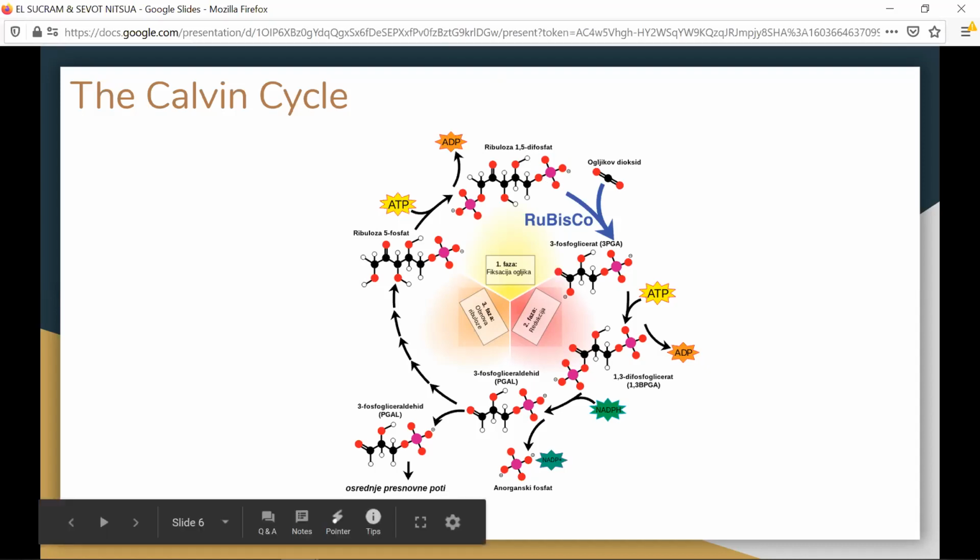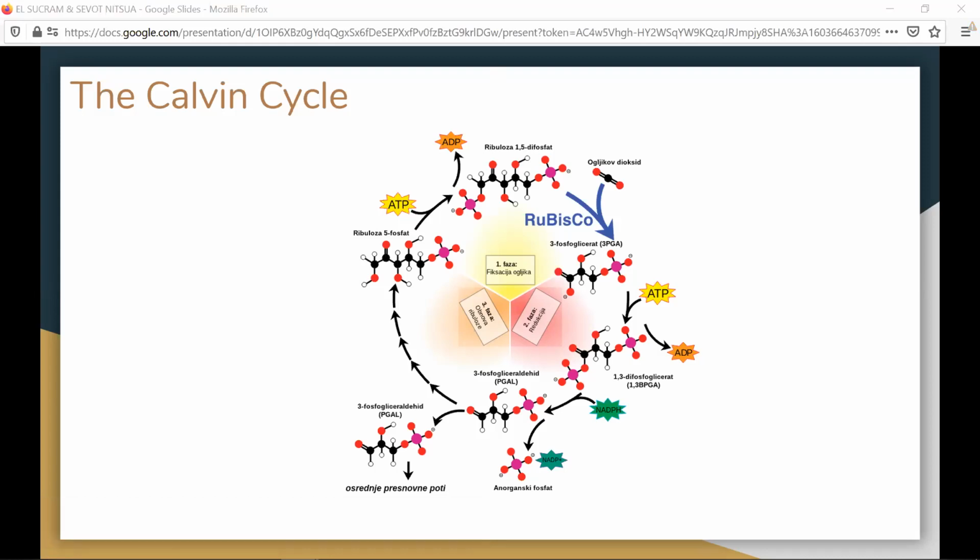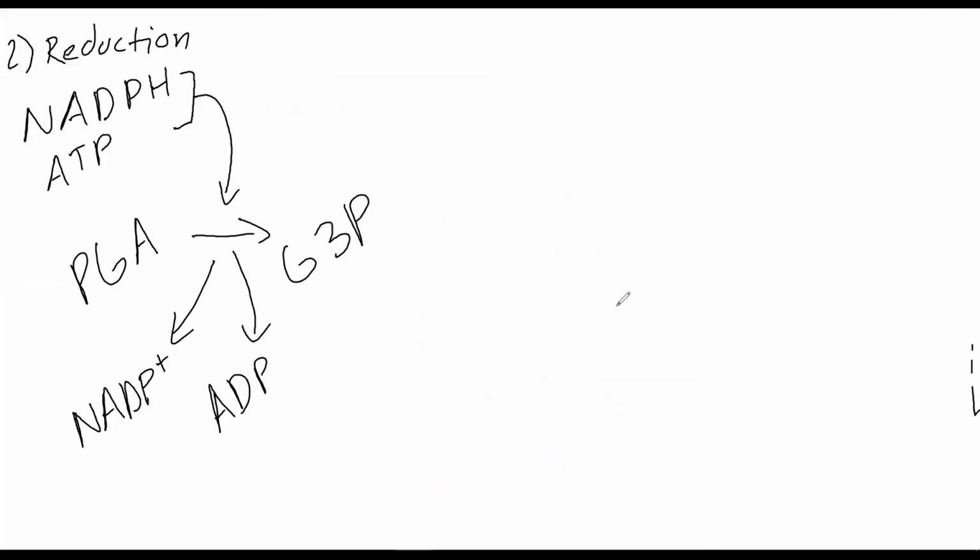So now we go back to the whiteboard. So now we do step 3, the regeneration of RuBP.